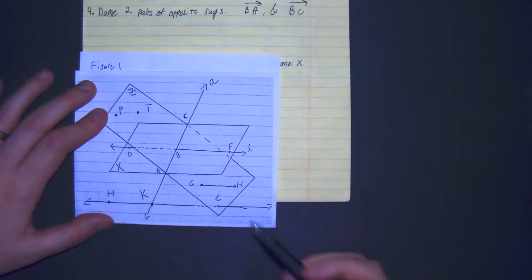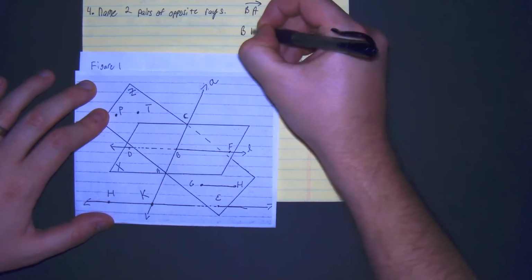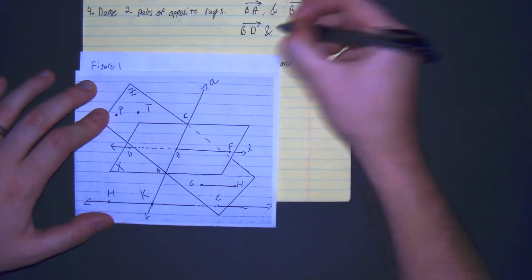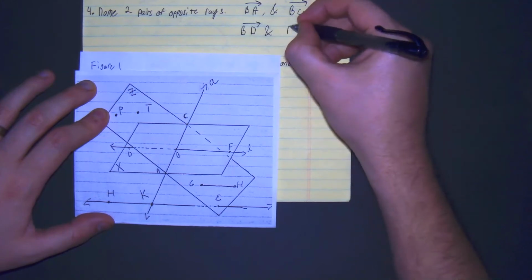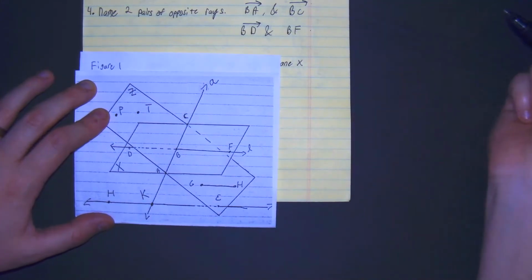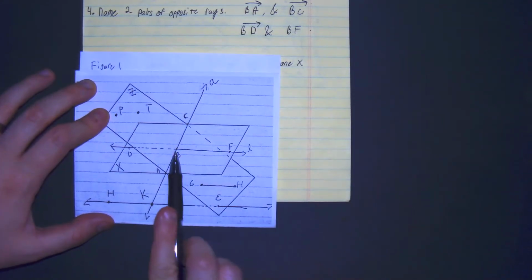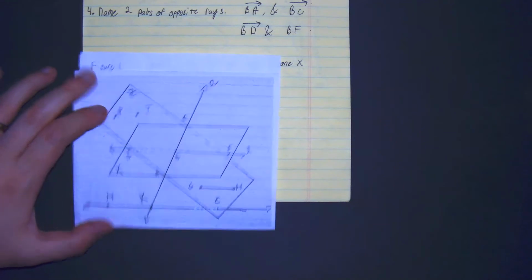BC, BA, they share a common endpoint and they go in opposite directions. The next one would be BD and BF. And that's 2 pairs of opposite rays. If this was north, this is south. If this is east, this is west.